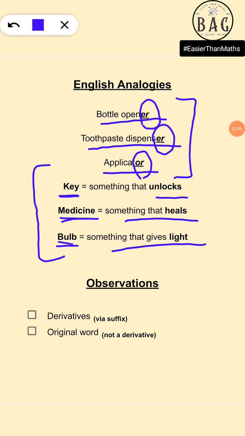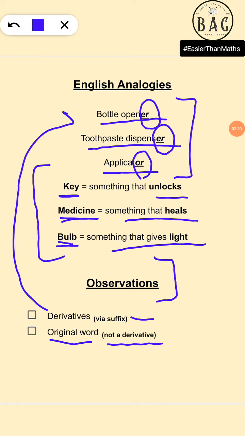Okay, so what do we observe in both the examples? We see that a tool in English can be made by either adding a suffix, in which case it would be a derivative, all right, or it could be an original word itself, in which case it would of course not be a derivative. Okay, so the derivative ones are here and the original ones are here.